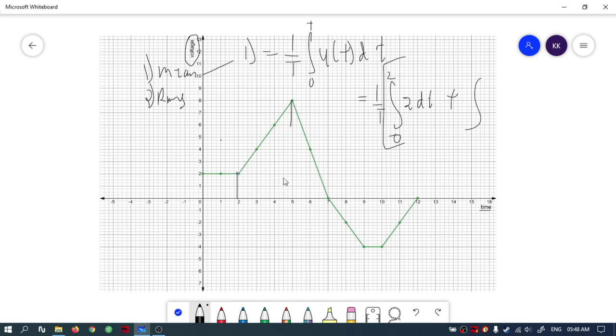So from 2 to 5 there's a change, and you have to determine the slope here. For example, the points here are (2, 2) and (5, 8). So (8 minus 2) by (5 minus 2) gives you 6 by 3.